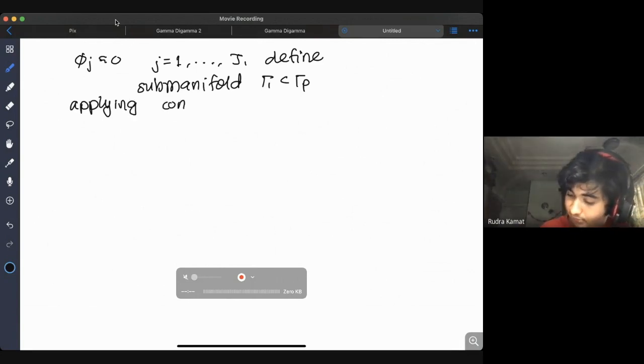Applying consistency again, since we have constraints, we need to see if the secondary constraints are consistent.